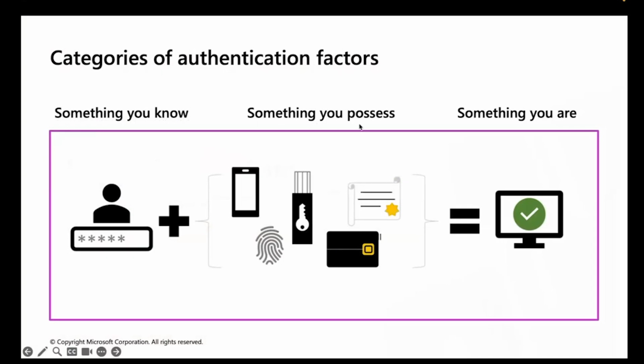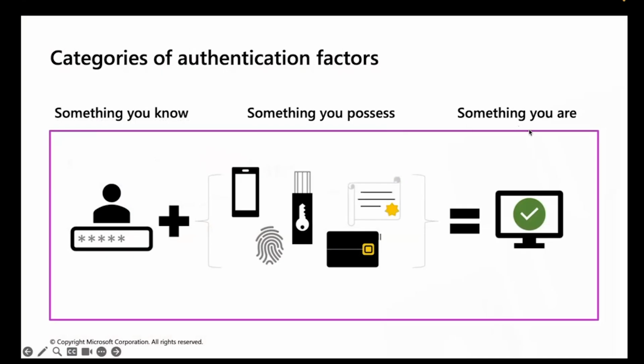Something you possess, that may be any kind of smart card, USB drive, or security keys, or certificate-based authentication. If you have a smartphone where you can use an authenticator application, or any other authentication method that you can hold, this comes under something you possess.